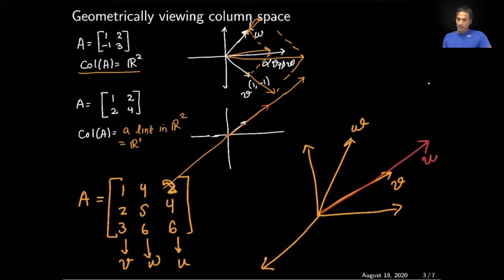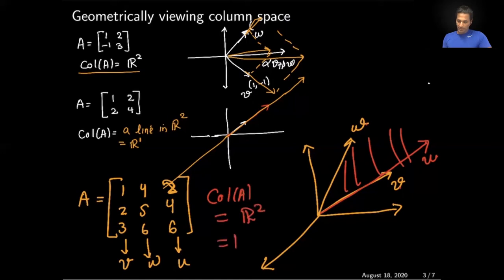Now, if I take all the linear combinations of V and W and U, they are going to stay in that plane in R2. So in this case, the column space of this matrix A is going to be a plane in R3.